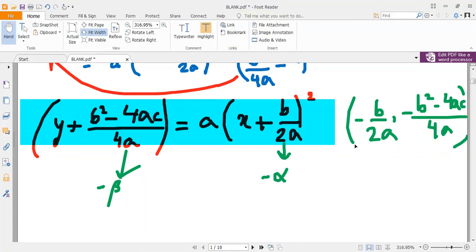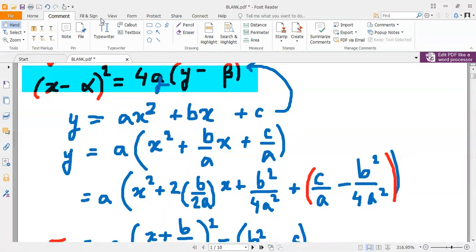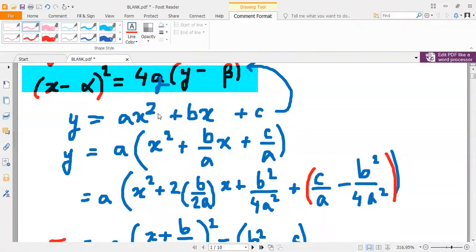So what we can say is any quadratic equation of this form, because you can express any quadratic equation in this form, just put some values. What you need to note is, for this to be a quadratic equation, a cannot be equal to 0, right? If a is 0, then it is no more a quadratic equation, it becomes a linear equation, because x is to the power 1, because this term disappears. If a is 0, then this term disappears, so it ceases to be a quadratic equation essentially.